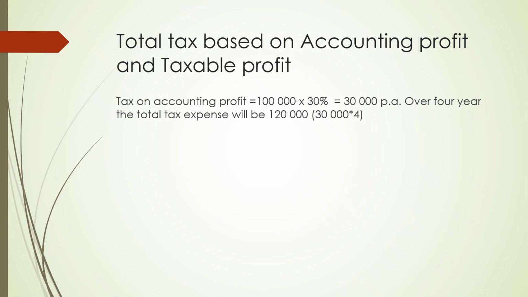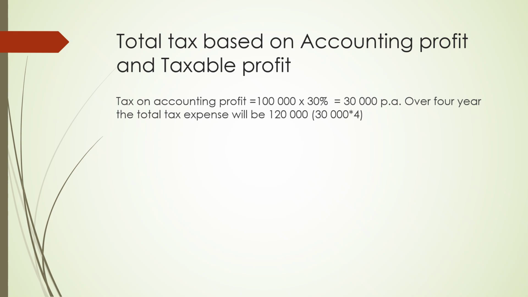That is 100,000 profit times the tax rate of 30%, which gives an amount of 30,000 per annum. Over 4 years, the total tax expense will be 120,000. That is 30,000 times 4 years.